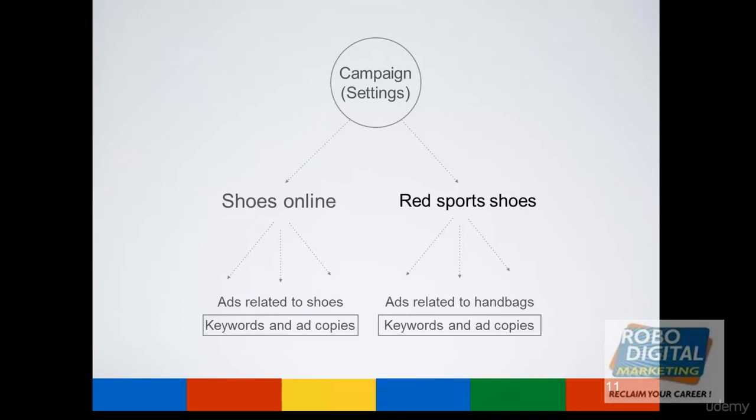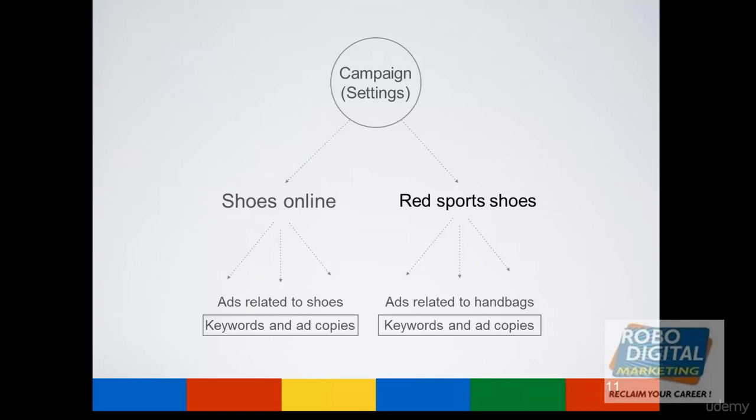Like if the user types buy shoes online, it might show the ad buy red sports shoes online. When the user sees different ads, you might not get a click or you might not get a customer. Clear or not? Yep.